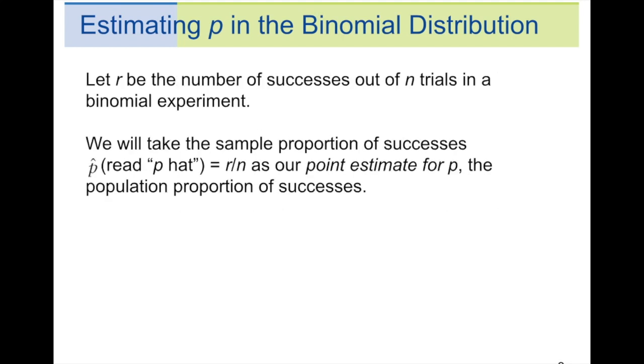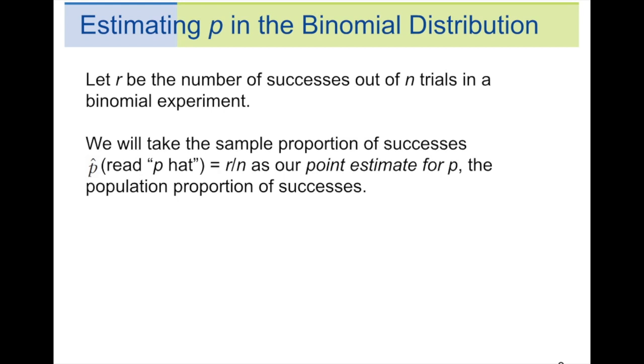Let R be the number of successes out of n trials in a binomial experiment, just like every other binomial experiment. We will take the sample proportion of successes, p hat equals R over n, as our point estimate for p, the population proportion of successes.